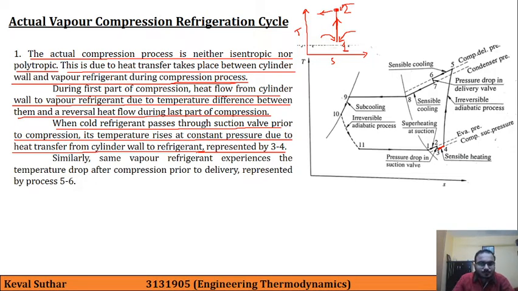Similarly, the same vapor refrigerant experiences a temperature drop after compression prior to delivery, represented by process 5 to 6. So now we are discussing this point, the process which is happening after the compression.